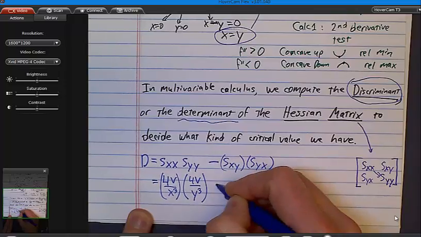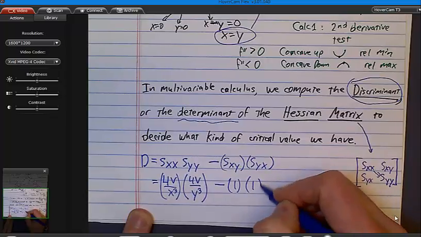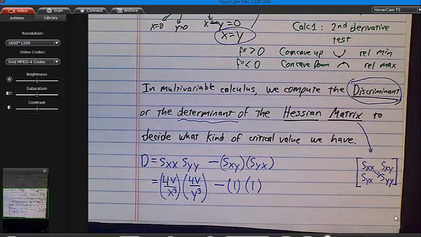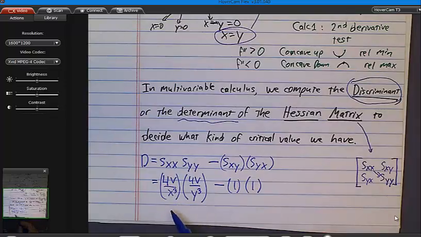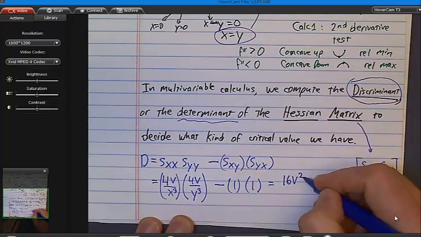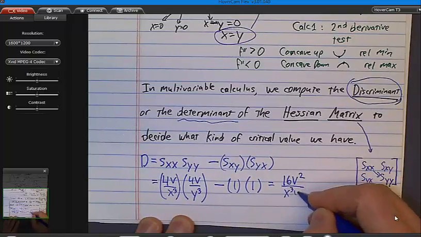And weren't both of these equal to 1? Okay. So I guess we get, what's it equal? It equals 16v squared over x cubed y cubed minus 1.